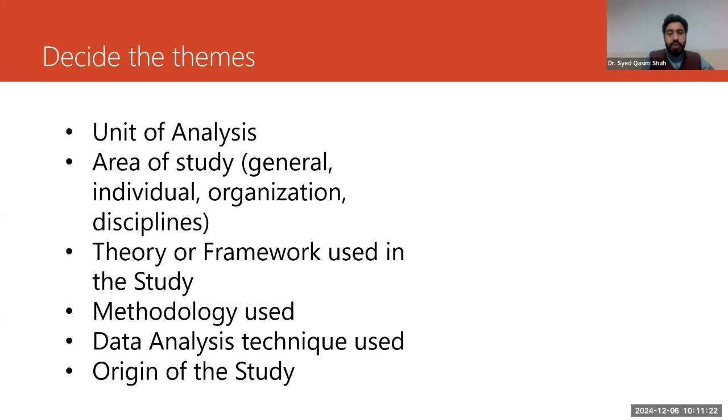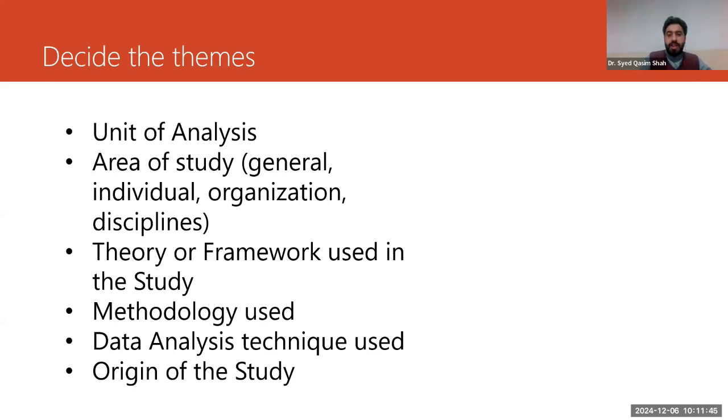Let's say the unit of analysis. What was the unit of analysis? It was a firm, an individual, a student, some university professors, or whatever. It was some bank employees, some government officials. So, what was the unit of analysis on which this research has been done? And the area of study.